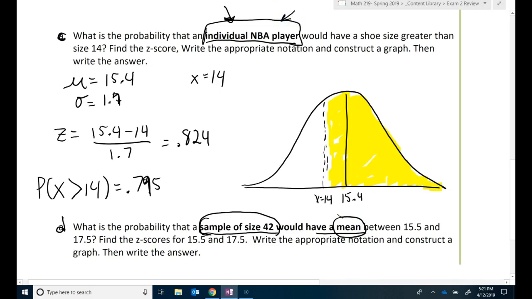You guys get that? So now, if I pick 42 players at random, what is the probability that the average foot size for those 42 players is going to be between 15.5 and 17.5?